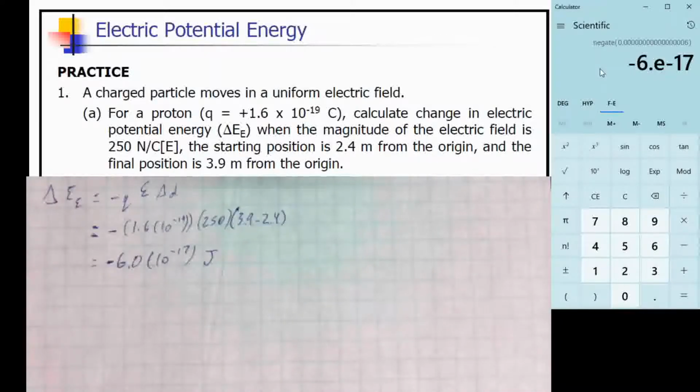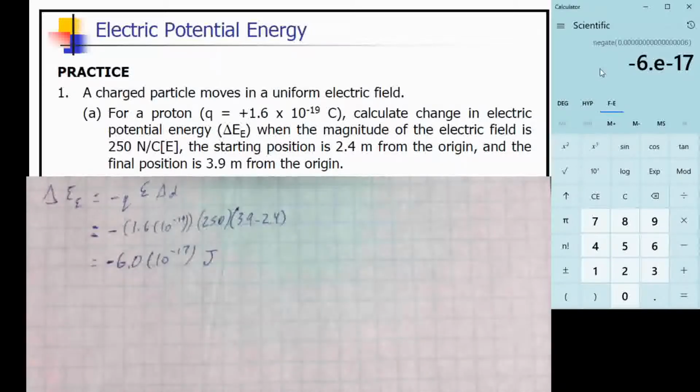Now the implication is we've lost energy in the electric field, which means that the proton has increased its kinetic energy. It's basically speeding up.